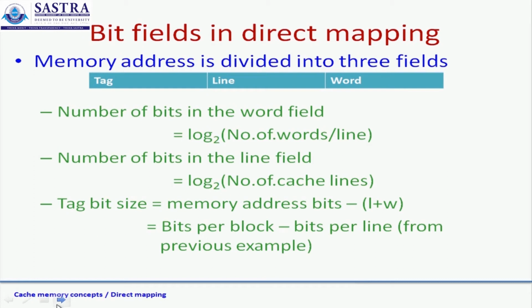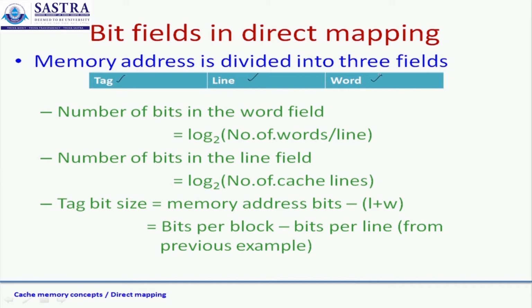How are the bit fields arranged? The memory address is divided into 3 fields: first the tag field, second the line field, third the word field. This is the arrangement. MSB bits are tag bits, and the middle group is line. LSB bits are word. Number of bits in the word field equals log base 2 of the number of words per line.